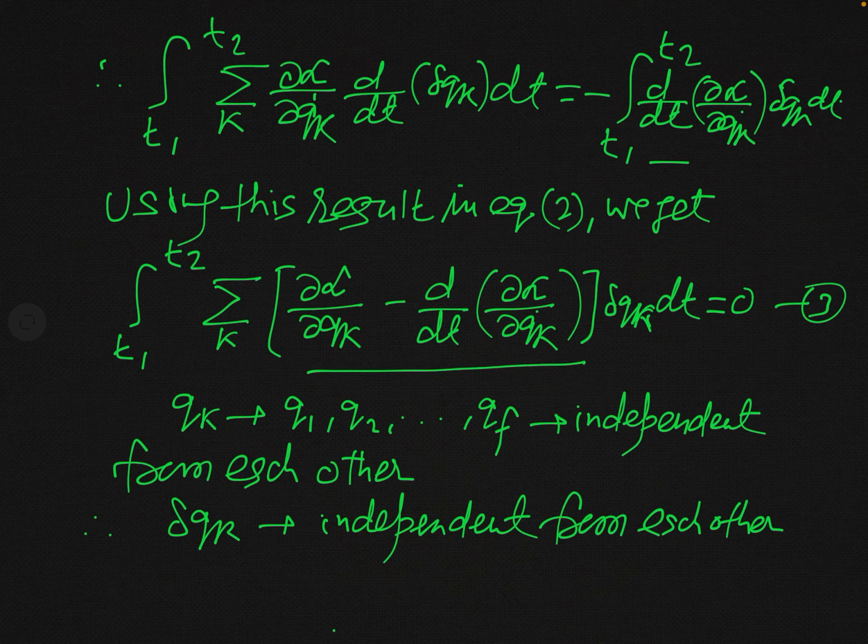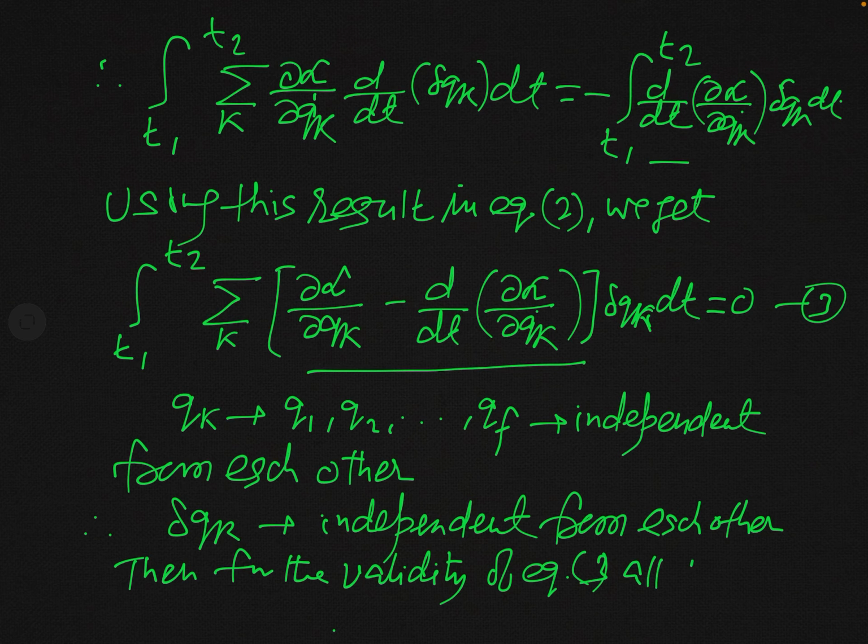So you can say, for the validity of equation 3, all coefficients of delta qk must be 0 separately.